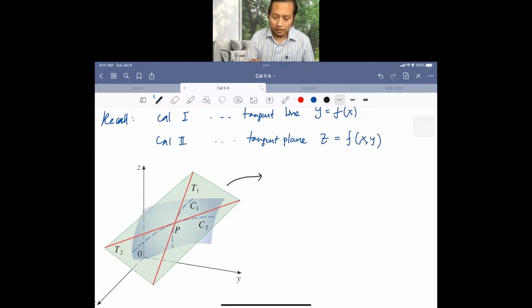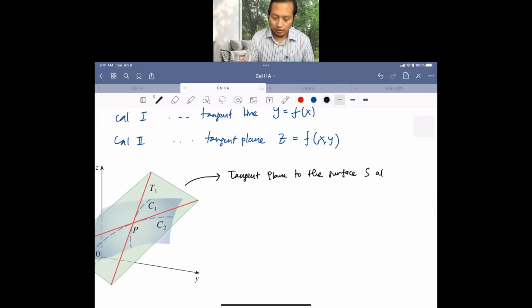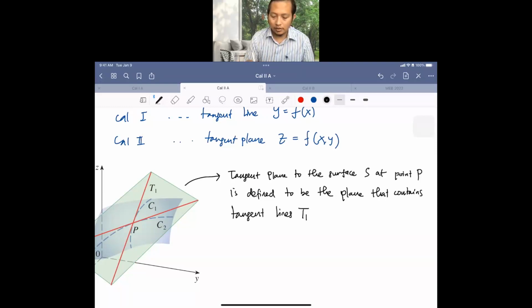Okay, so the tangent plane to the surface, let's say the surface S, at point P is defined to be the plane that contains tangent lines T1 and T2.